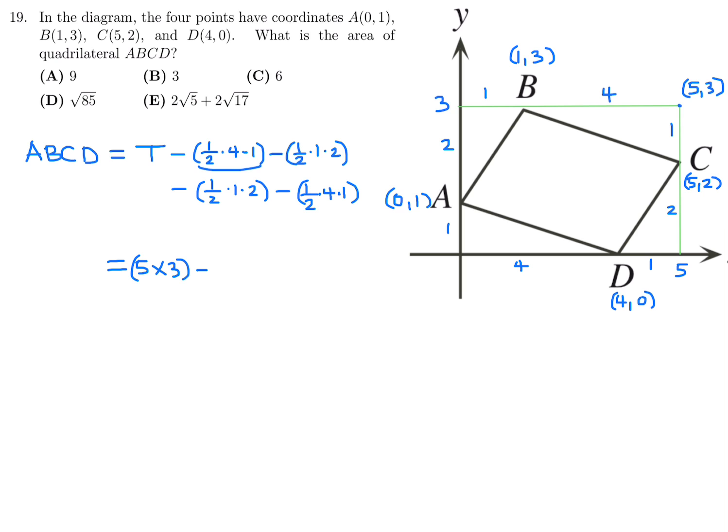So that's going to be, this guy is 4 divided by 2, so that's just 2. This is just 1. This is 1. And this is 2. So this gives me 15 minus 1, 2, 3, 4, 5, 6, and therefore that is equal to 9. So number 19, the answer is A.